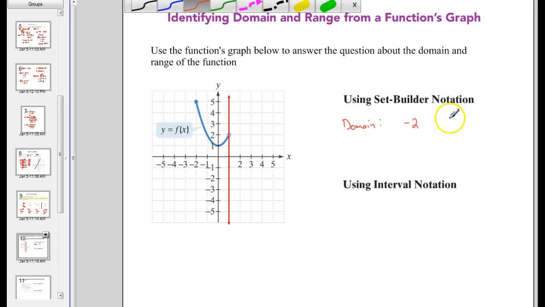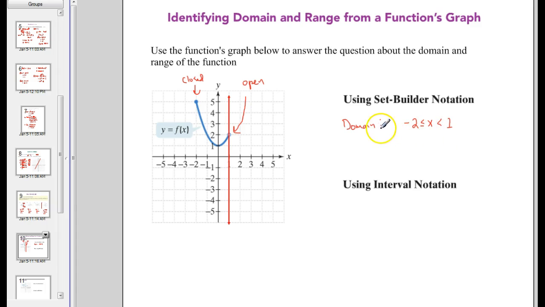With set builder notation, I put an x in between these two. x is between -2 and 1. If there's a closed dot, meaning it's filled in, I use less than or equal to. And if it's an open dot like it is over here, I use just strictly less than.